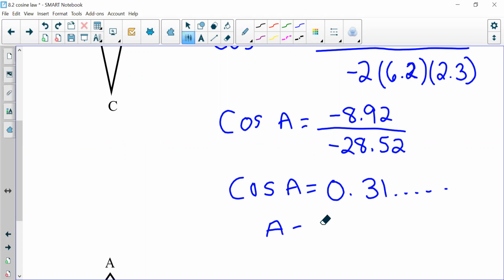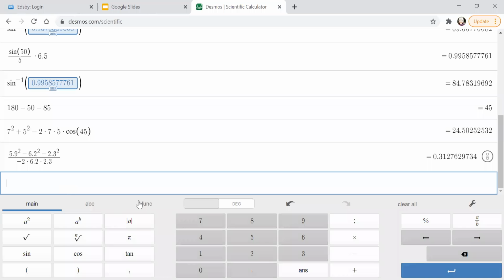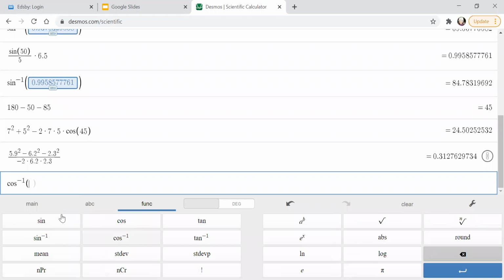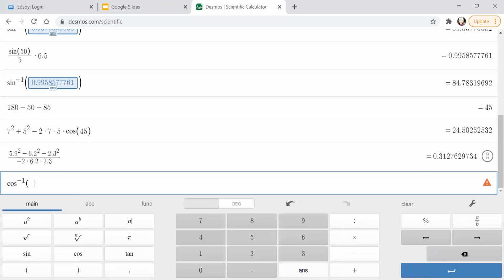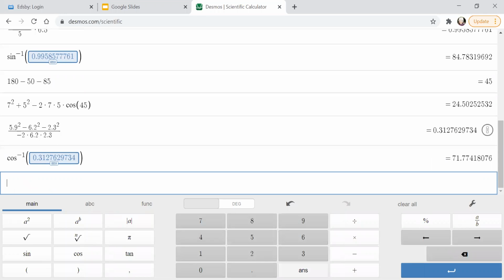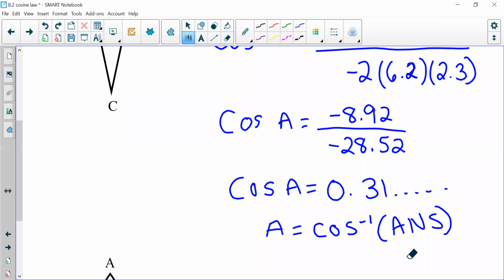Just use your answer button. I'm going to do that here, cosine -1 of my answer. 72? Yep, wonderful. Nice job. A equals 72 degrees.